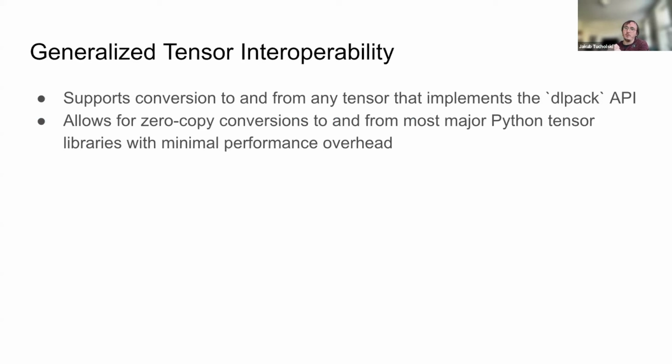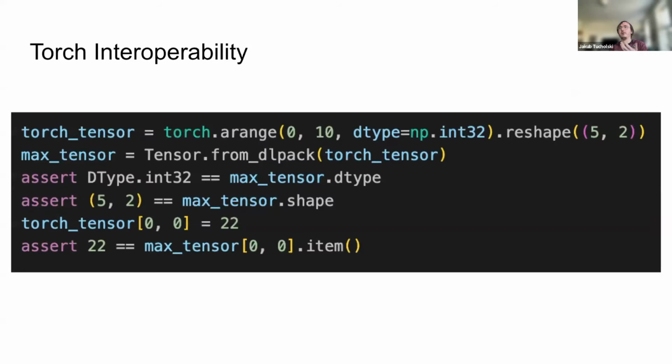So if you already have a tensor library that you like interacting with, you can just use from DLPack in order to perform a zero copy conversion, right? Here's an example using Torch, similar to what we do in NumPy. It's using the from DLPack interface to directly create this tensor, and it is using the same underlying storage, no copies needed.